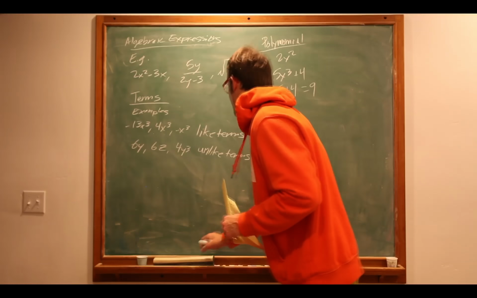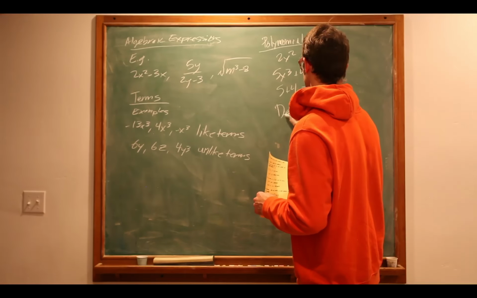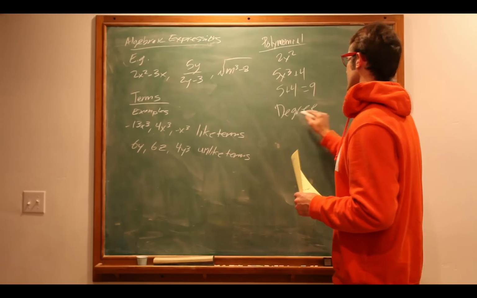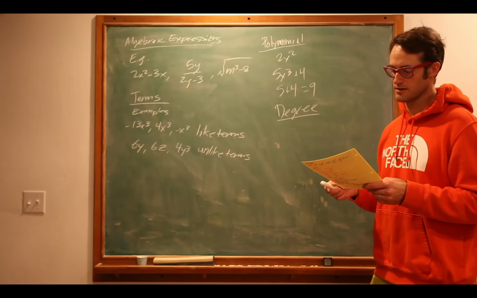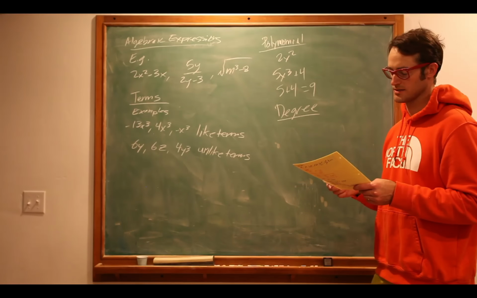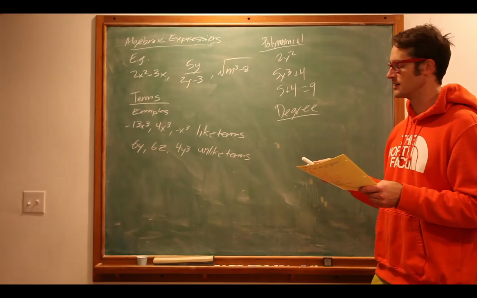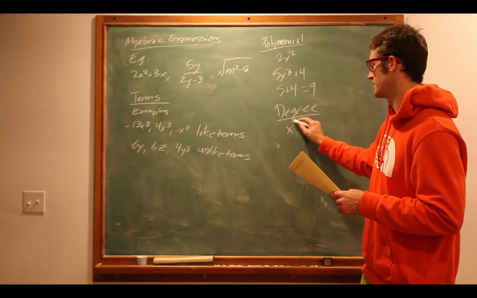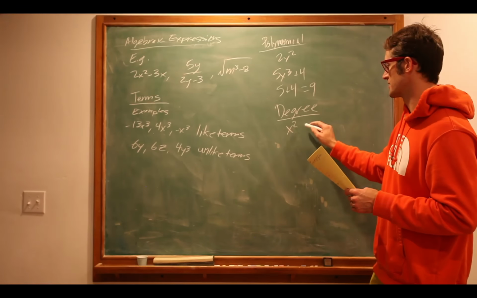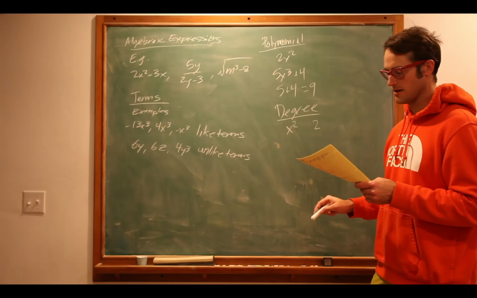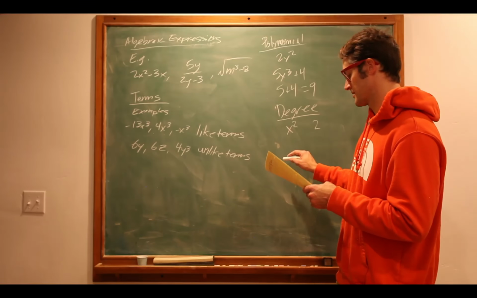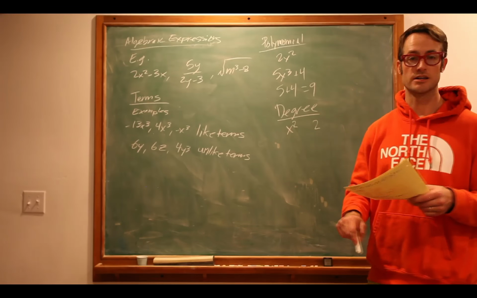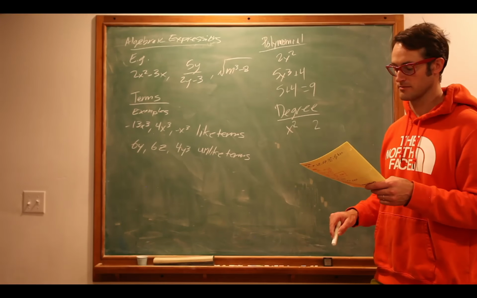Next thing, degree. We're just going through some terms here. The degree of a term is the exponent on the variable. So on x squared the degree is 2. The degree of a polynomial is the greatest degree of any term in the polynomial.